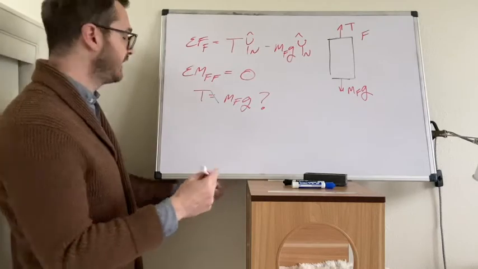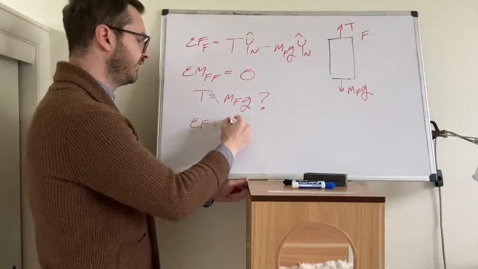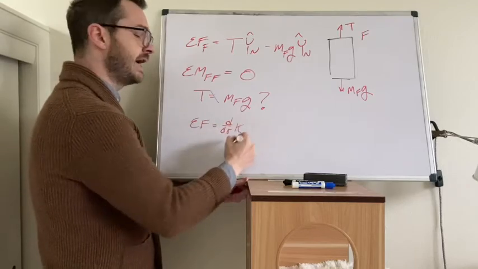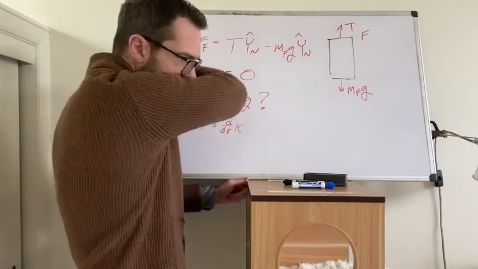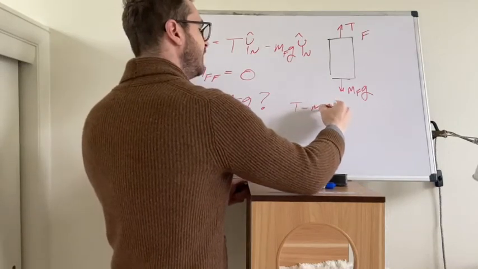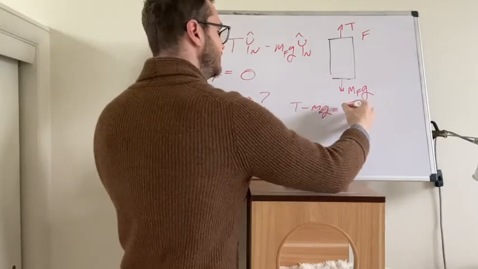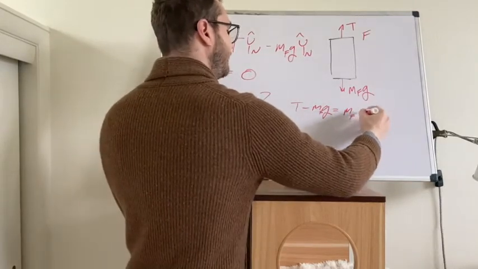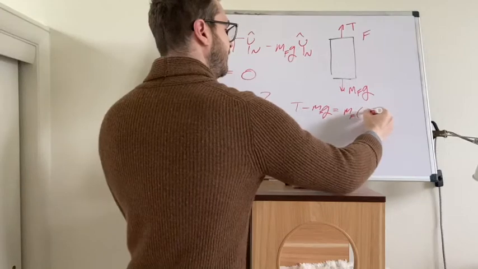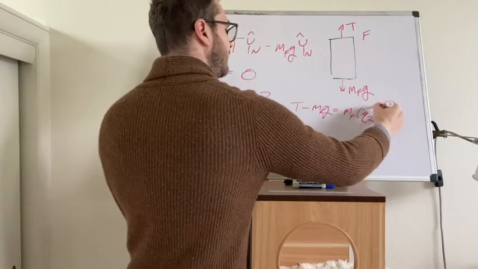The reason it does not equal gravity is because recall that the sum of forces is equal to d/dt of K, which really means T minus MFG is going to equal MF multiplied by q2 double dot in the y hat n.